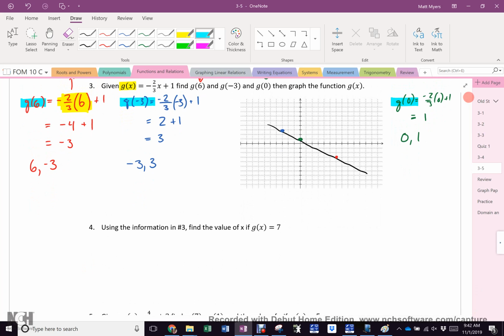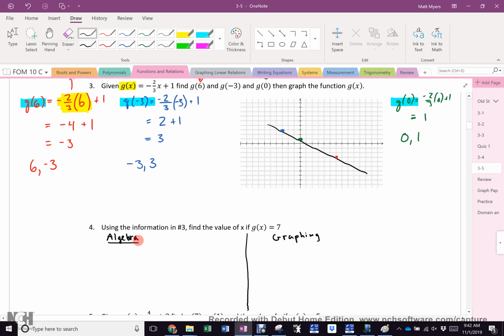What is missing? I know the y value. I do not know the x value. So everybody put a line in the middle of your paper. This side is algebra. This side is going to be graphing.